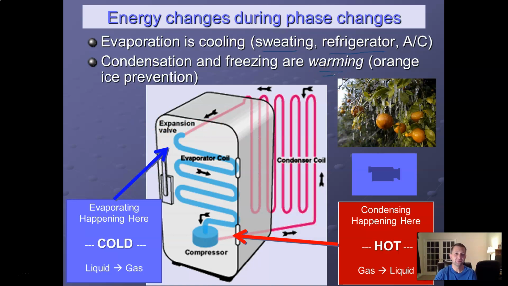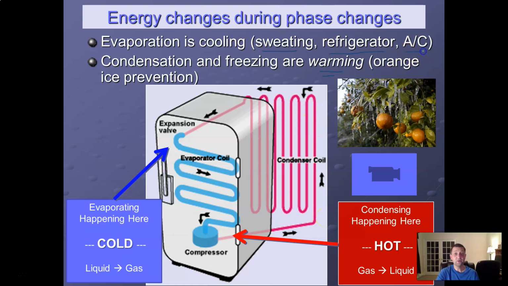So to go from a gas back into a liquid, energy has to be released, okay? So that is going to be a warming process. That's why it's important on the back of your refrigerator to keep the 6 inches of dust that's going to form off of those coils, because they can get hot. It could be a hazard, right? And it could decrease the efficiency of your refrigerator as well.